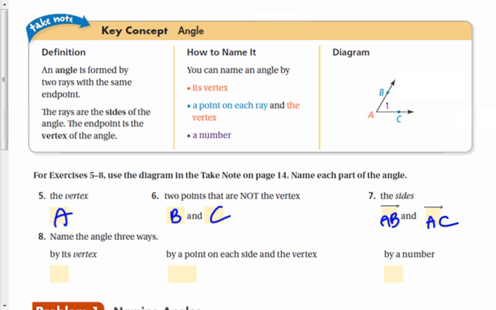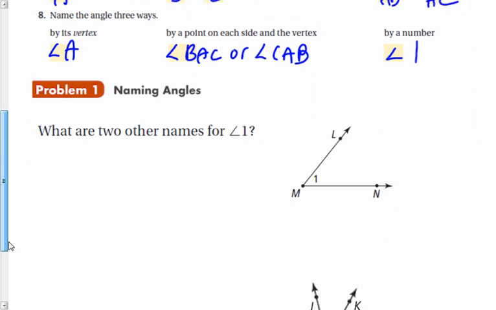To name the angle by its vertex, you could just call it angle A. To name it by a point on each side and the vertex, you would say either angle BAC or angle CAB. And to name it by a number, you would just use the number and the angle symbol. Like that.